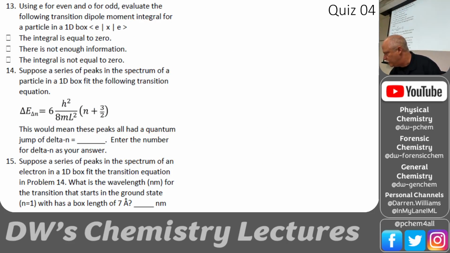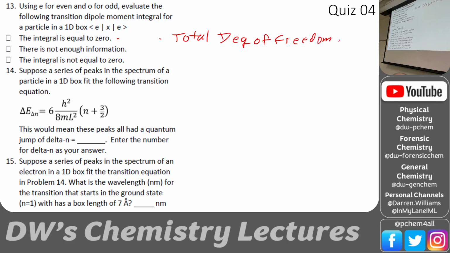So let me just get a new page here. So the number of atoms, 3 times the number of atoms, that's the total degrees of freedom. Now, if all 3 atoms here for water are going in the same direction, that's a translation. If this one's coming forward and that one's going backwards, let's say I hit them with a little stick or something, then it can spin, and that's a rotation. But if they're not rotating or translating, then it's vibration.